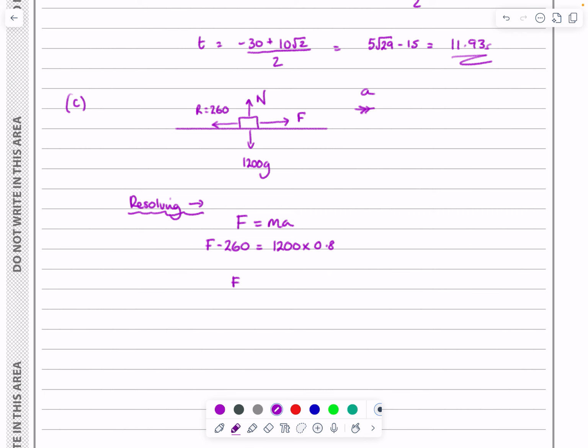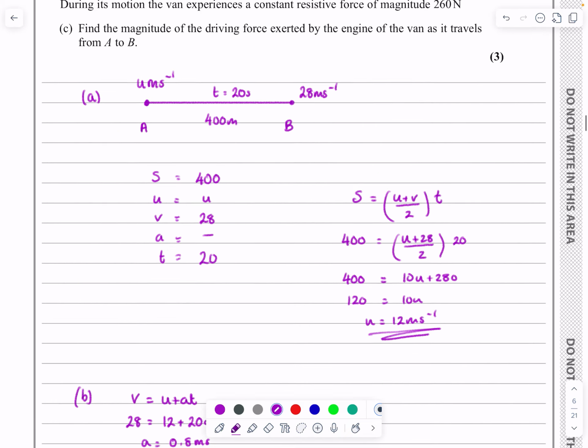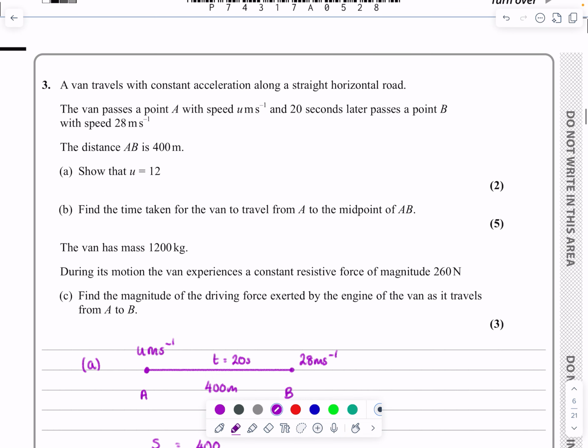So the actual driving force then is 260 plus 1200 times 0.8. So the driving force actually works out to be 1,220 newtons. So another really straightforward question hopefully for you, and I hope that all makes sense.